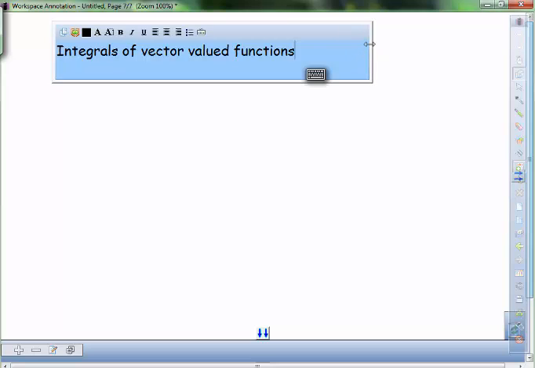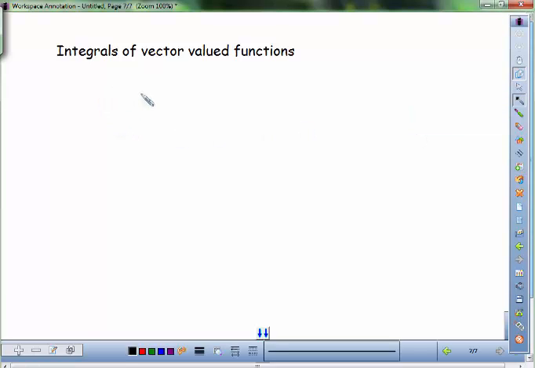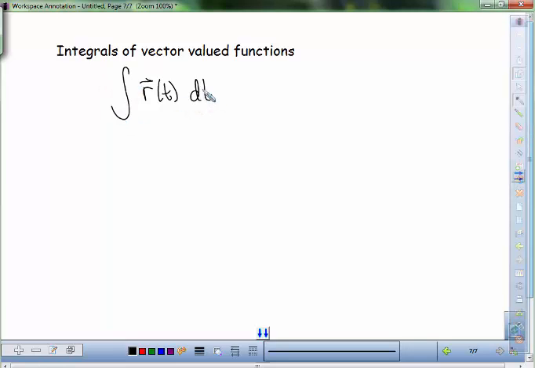Now, the integral was first defined to you as areas of rectangles and things like that. That idea of the integral for vector valued functions isn't going to make sense to us anymore. But we do have indefinite integrals, right? So if we have a vector valued function r of t, and we know that the independent variable is t again, we can take the integral with respect to t of that, and let's do this as an indefinite integral.